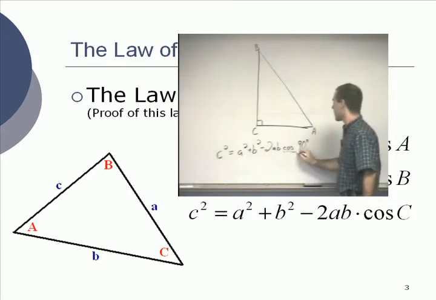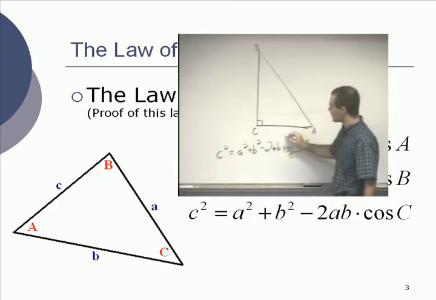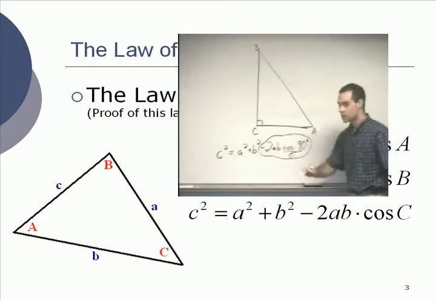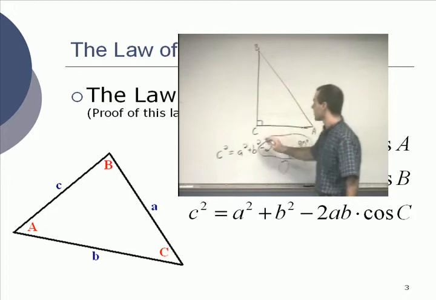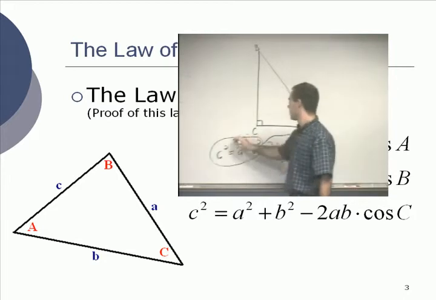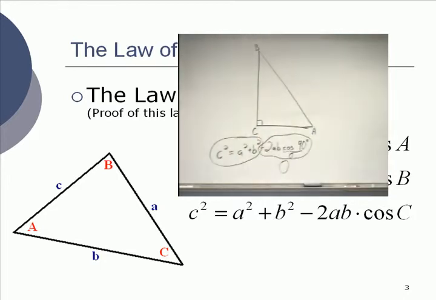But you just said that that is 0. So what happens to this whole last term on this expression? It becomes 0. So what are you left with if C is a 90-degree angle? You're left with the Pythagorean theorem.